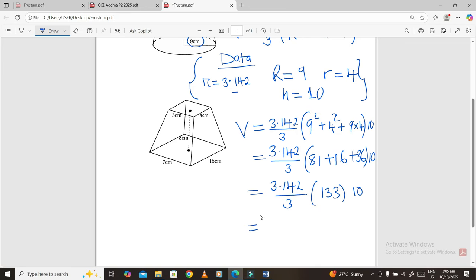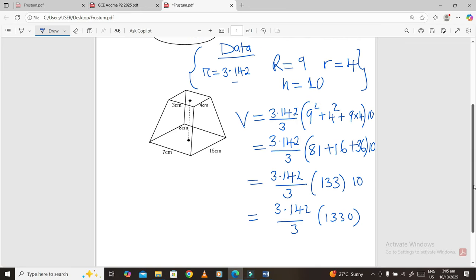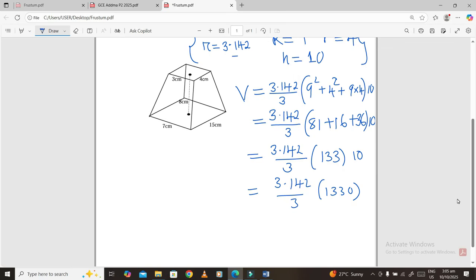Now we can multiply this, and that will be 3.142 over 3 times 1,330. That is when we multiply 133 times 10. We can still say 3.142 times 1,330.